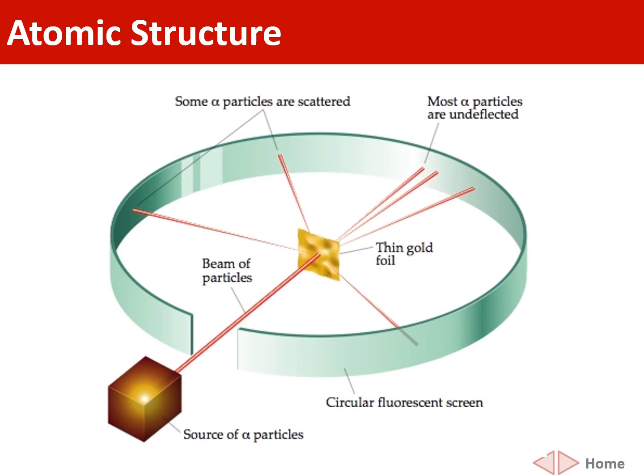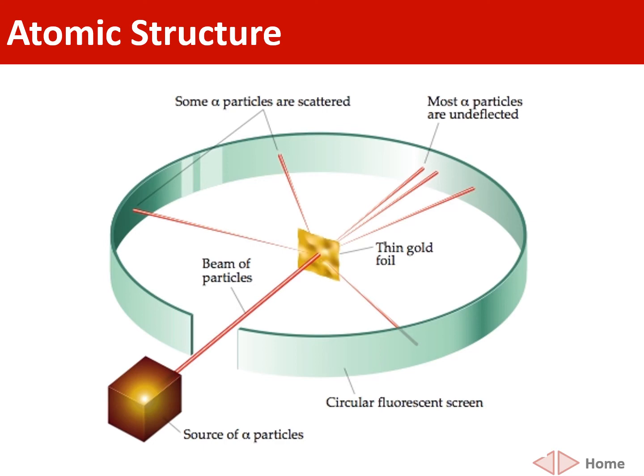They had a source of these alpha particles, and they fired them out at a very, very thin sheet of gold foil, a few atoms thick. And they used a fluorescent screen. In this case, it looks like a fluorescent screen that wraps the whole way around, but they used a smaller one that they moved around.